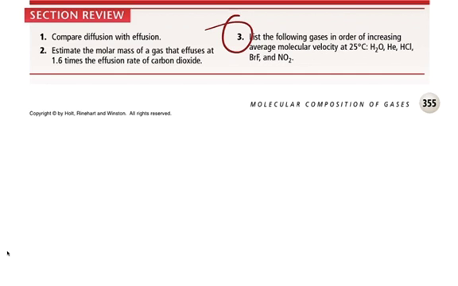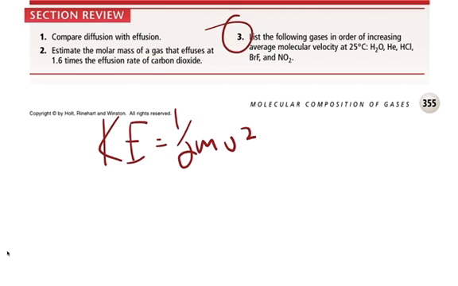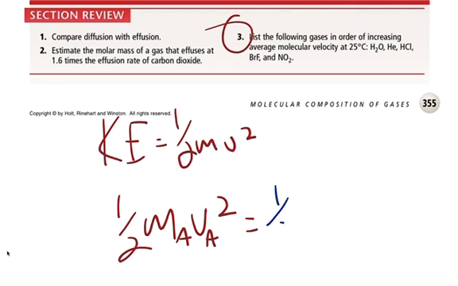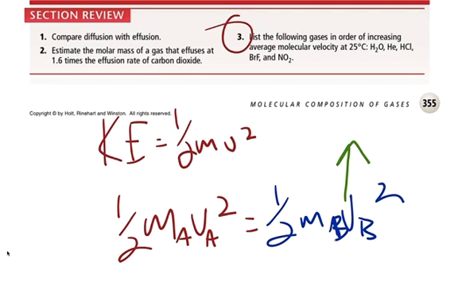Number 3, list the following gases in order of increasing average molecular velocity. Okay, so if we say the kinetic energy of a gas is 1/2 mv squared, then at the same temperature, the 1/2 mv squared of one gas has to equal the 1/2 mv squared of another gas, say this is B. Well, what that's saying is, if this gas is moving faster and this gas is moving slower, what does that say about their masses?